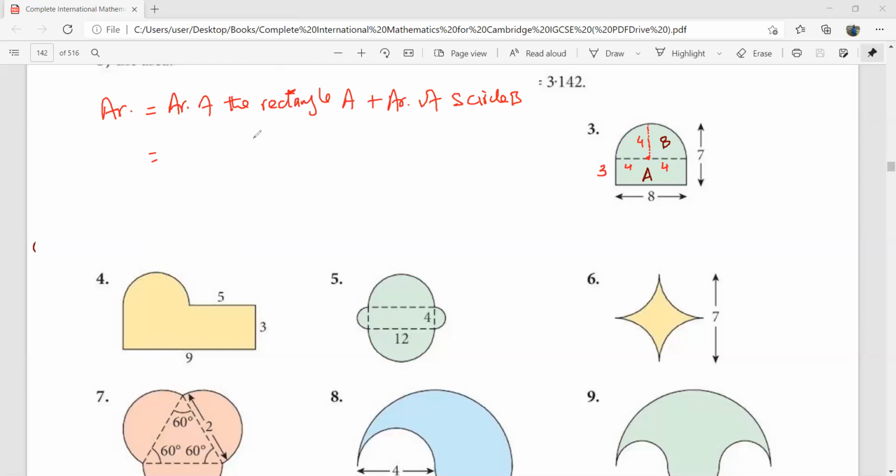Area of rectangle would be 3 times 8 plus half of pi r square, that is 4 square. So this is 24 plus 16 over 2, that is 8 pi. Then you can use your calculator and give your answer correct to 3 decimal places, 3 significant figures. Give it a try.